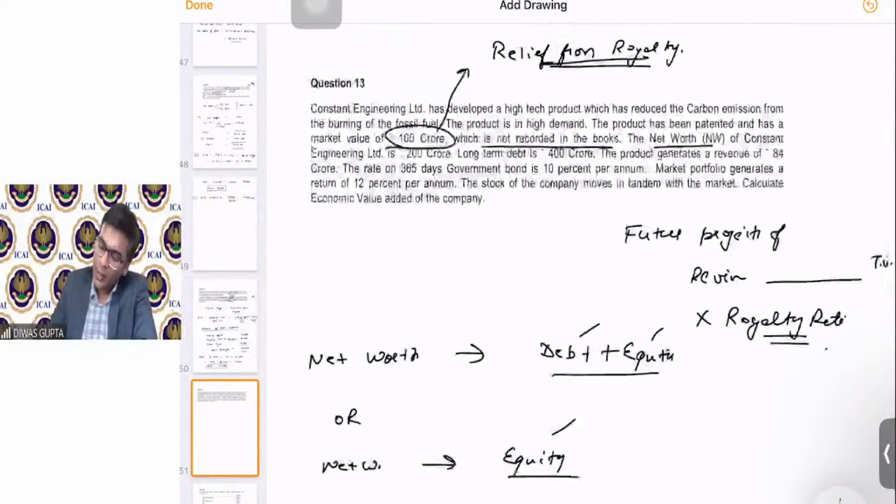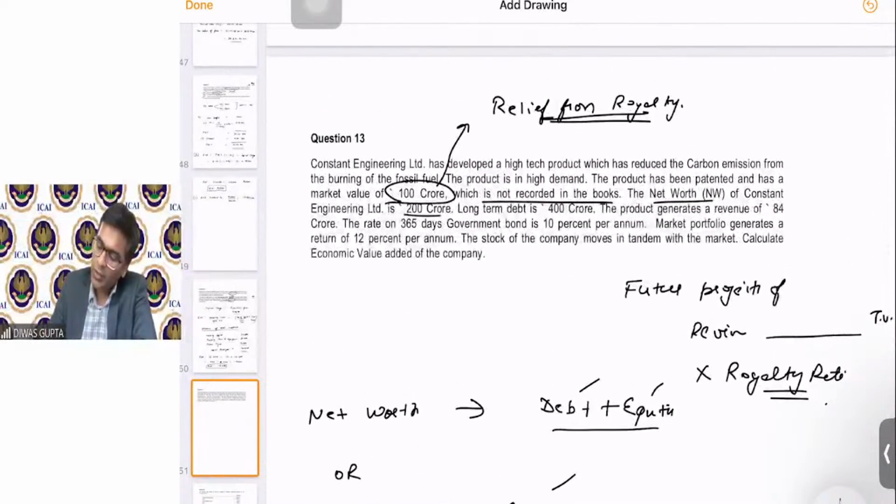Okay. So net worth is 200 crore, long term debt is 400 crore. The product generates a revenue of 84 crore. The rate on 365 days government bond is 10% per annum. They have given us a risk free rate, or let's say the cost of debt. The market portfolio gives a return of 12% per annum.